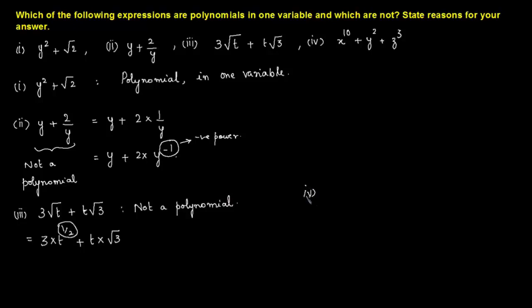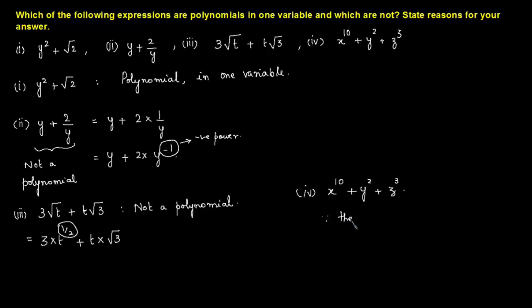The last question, you can very obviously see the answer. The expression is x to the power 10 plus y square plus z cube. And here you can see that the variables are x, y and z. There are 3 variables. Therefore, even though this is a polynomial expression, this is not a polynomial in one variable, whereas it's a polynomial in 3 variables.